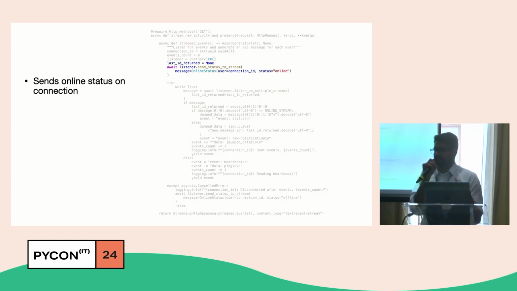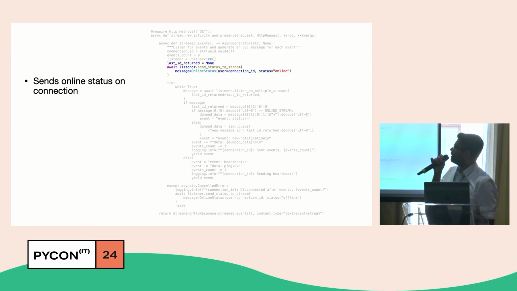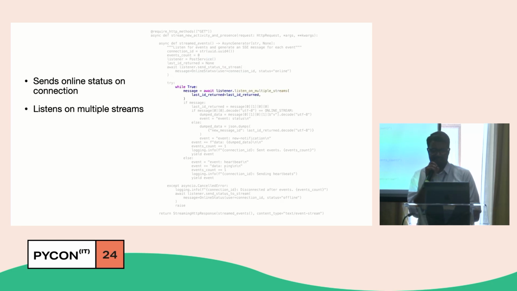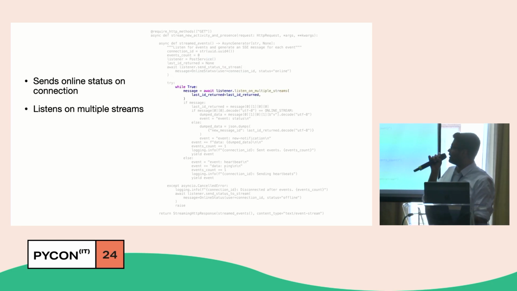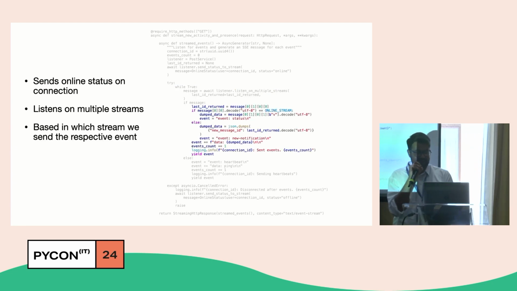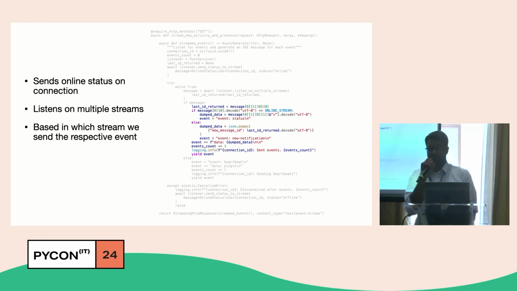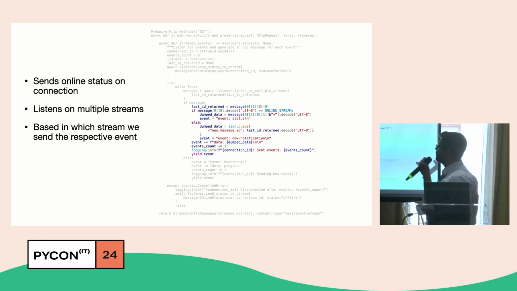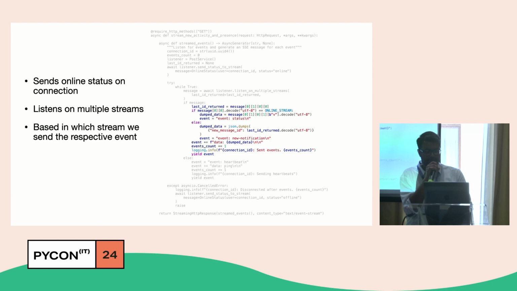Let's take it apart again. As I said, user connection stream, right? So you're basically sending the status that someone is online. And then the next part is where you are listening to the multiple streams. So it's just a while True loop, nothing fancy. And based on which stream, you can actually form different events. In this case, I've given an event status and an event new notification just to differentiate between them. Based on that, your client can react.